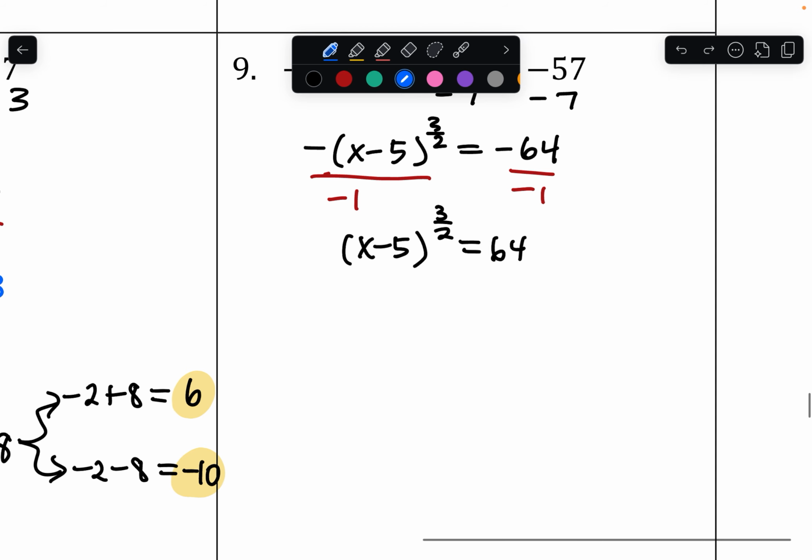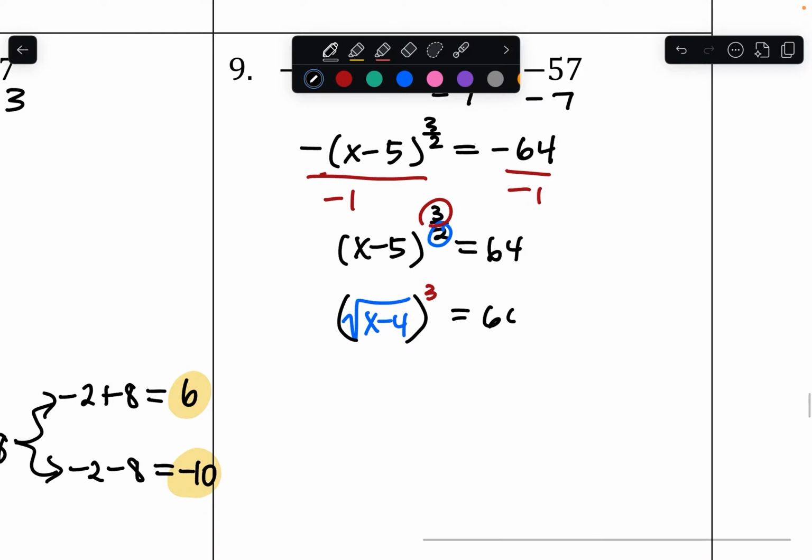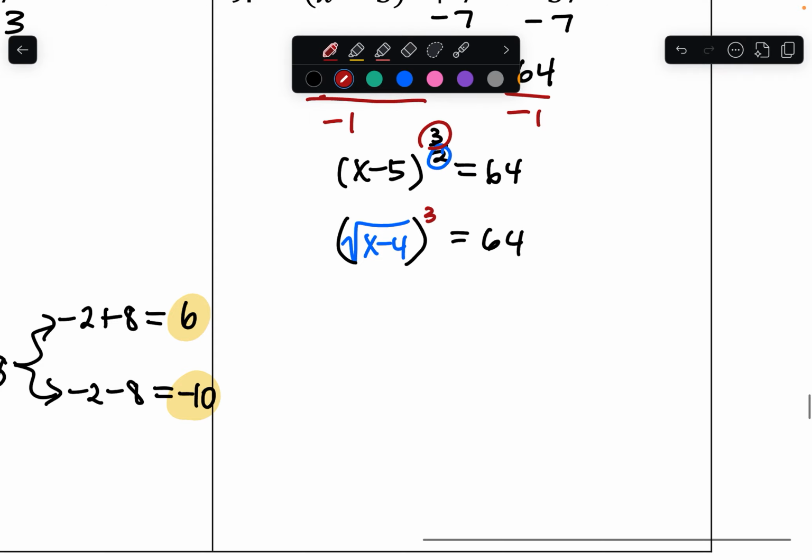Okay, and so this 2 is square root. And then that 3 is our third power, cube. Okay, and so now we can cube root both sides. No positive or negative for cube root. Can't say that enough.